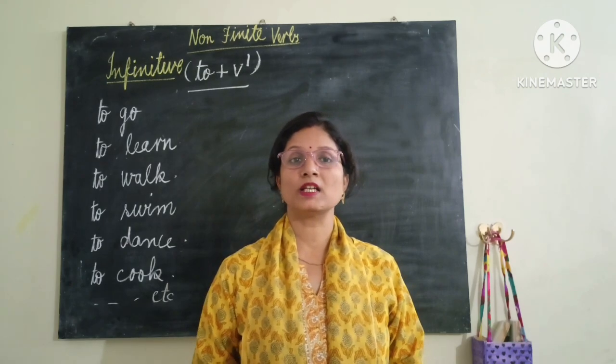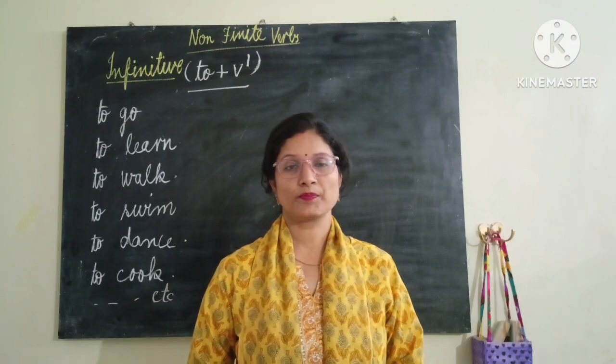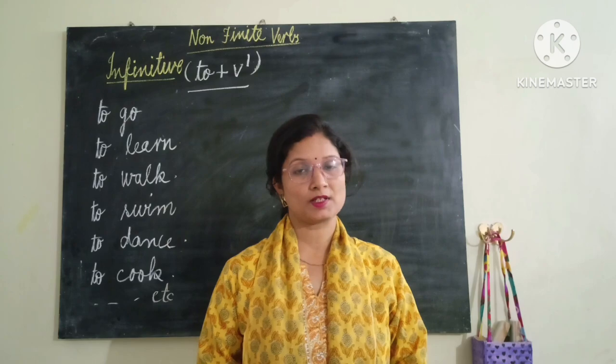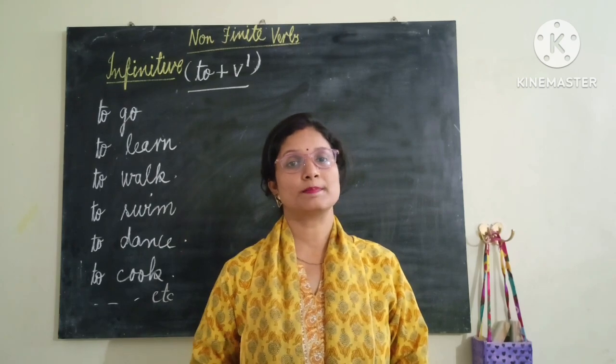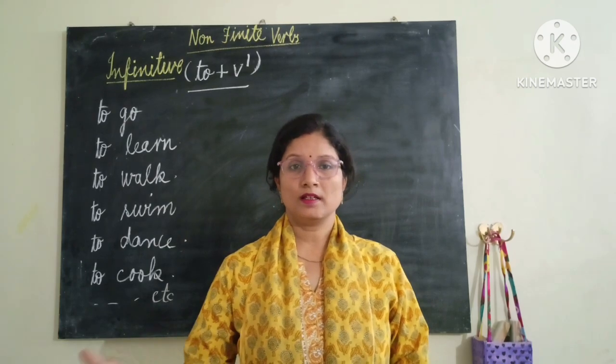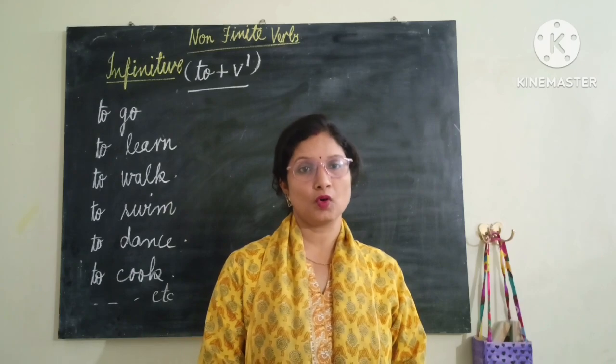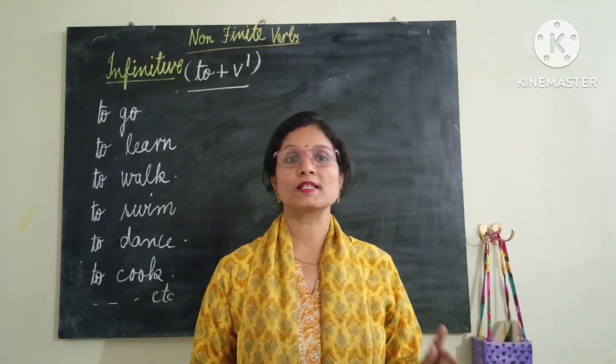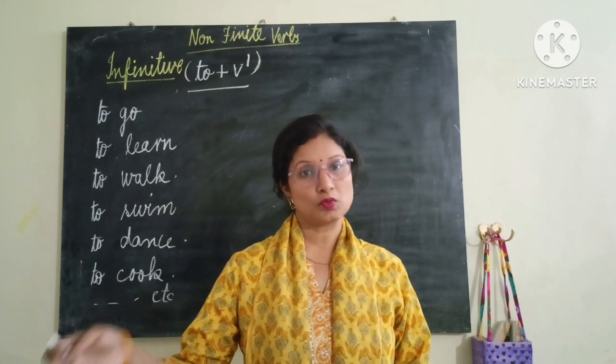Children, you know there are three forms of verb: V1, V2, V3. V1 means present, V2 means past, and V3 means past participle. It means go, went, gone. So infinitive means to plus V1. To go.